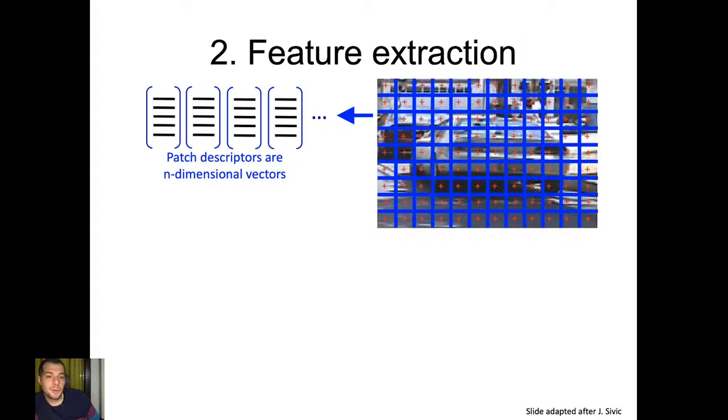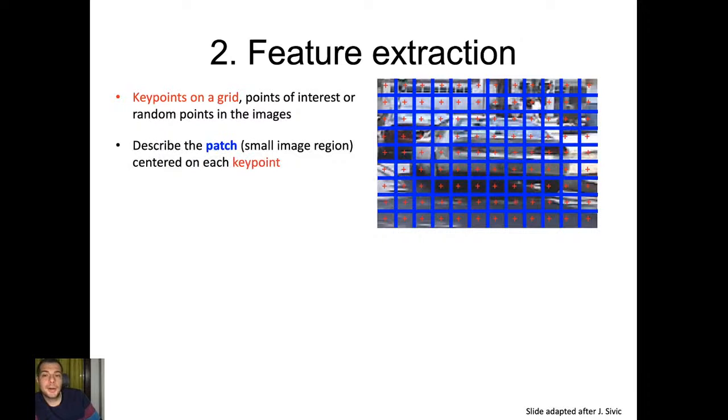So there are two approaches here. We can either use key points on a grid like this, and this is called the dense bag of visual words. And there are also approaches that consider sparse key points. So these are selected in that approach.